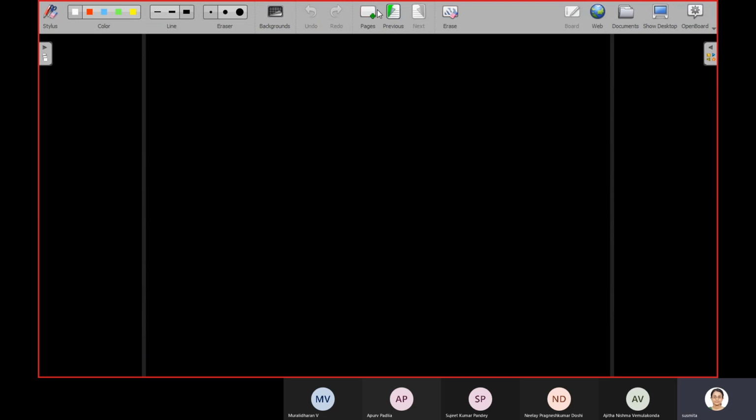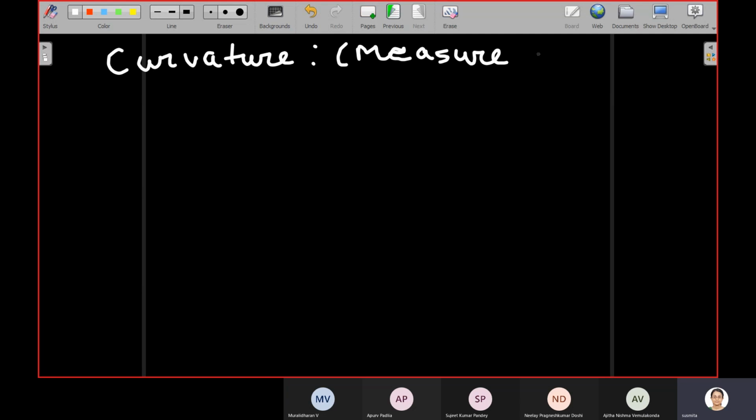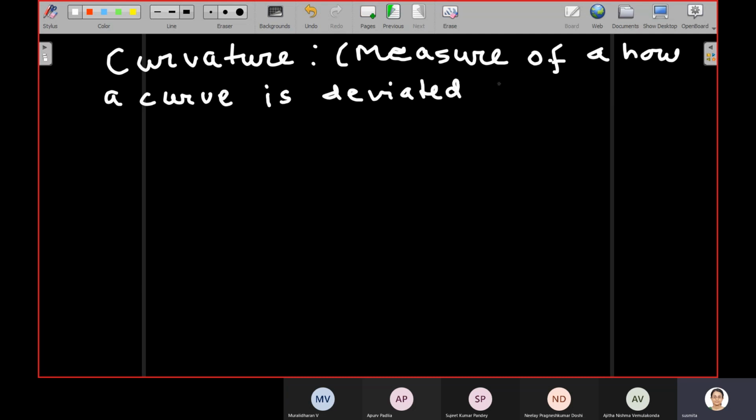So we start with the basic definition of a radius of curvature. What is curvature? Curvature is actually a measure of how much a curve is deviated from a straight line.